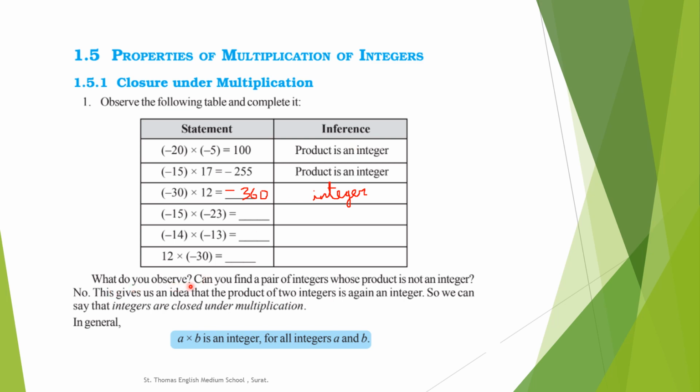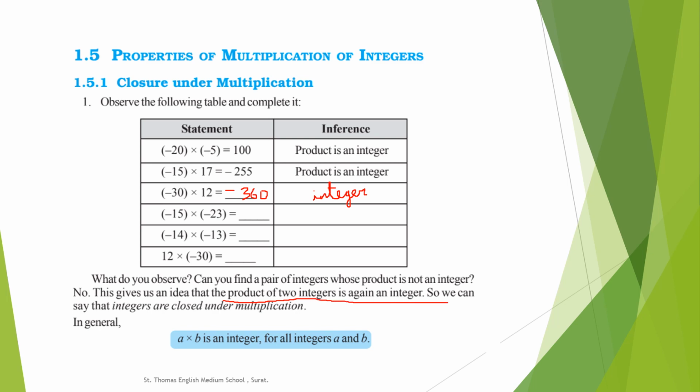What do you observe? Can you find a pair of integers whose product is not an integer? No, right? All the products are integers. This gives us an idea that the product of two integers is again an integer. So underline the sentence: the product of two integers is again an integer.